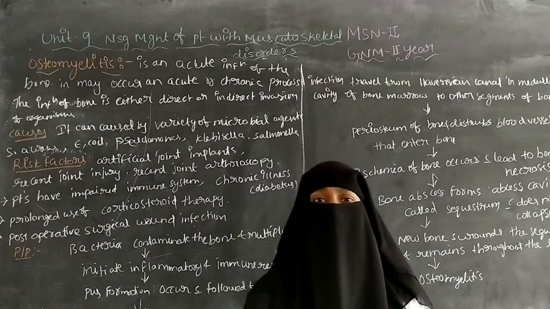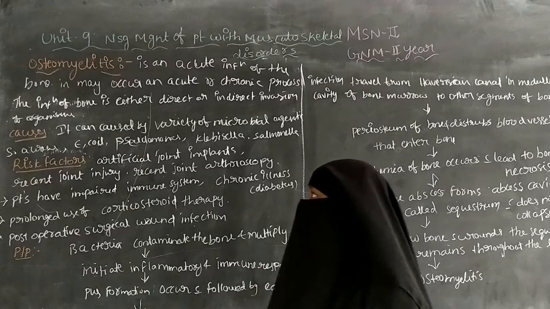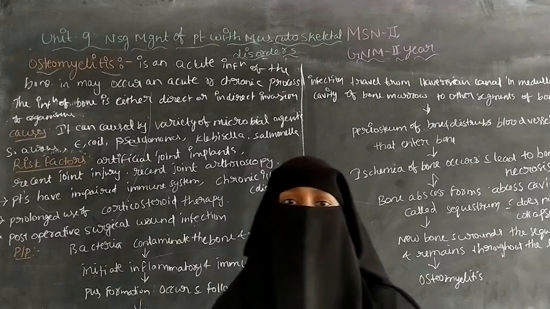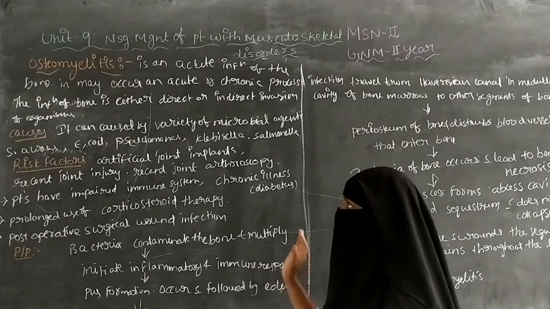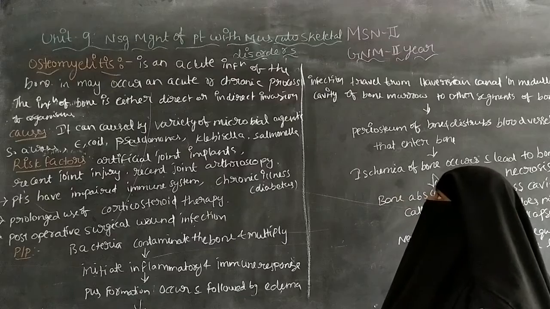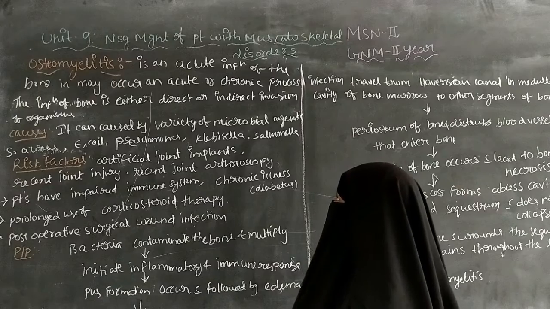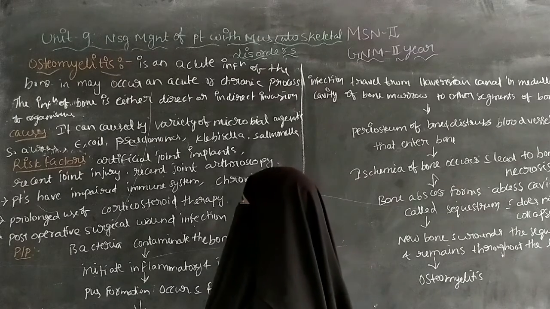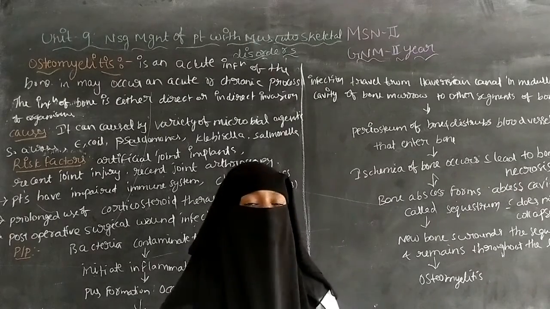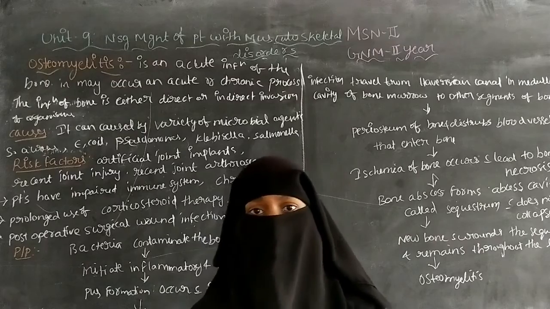So osteomyelitis can be caused by the direct or indirect invasion of microorganisms into the bone. That is the definition of osteomyelitis: an infection of the bone, acute or chronic, caused by direct or indirect invasion of microorganisms.